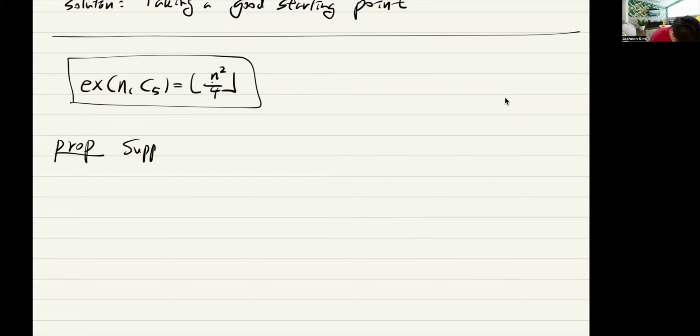Suppose we have epsilon and d, and let's say epsilon is smaller than d.